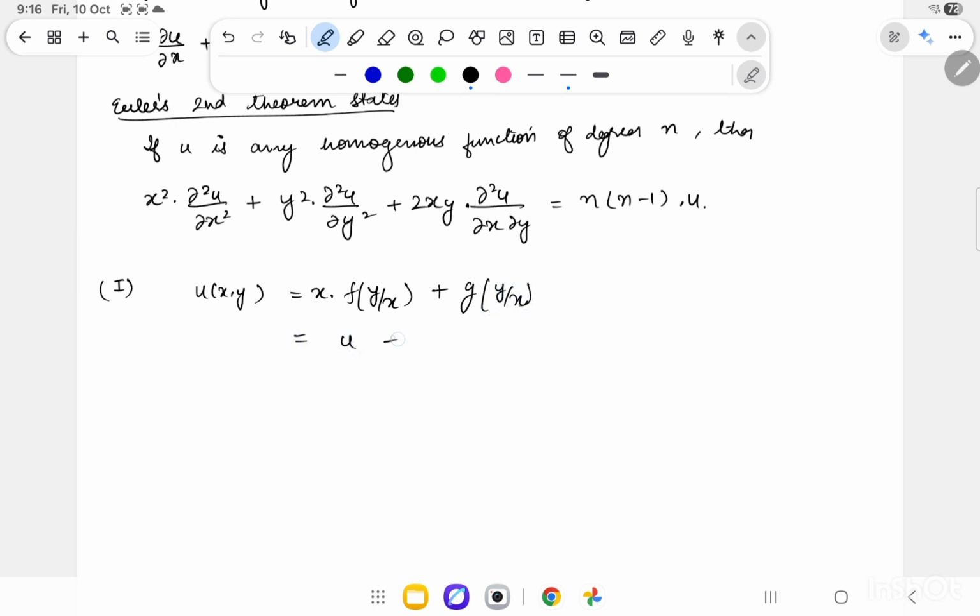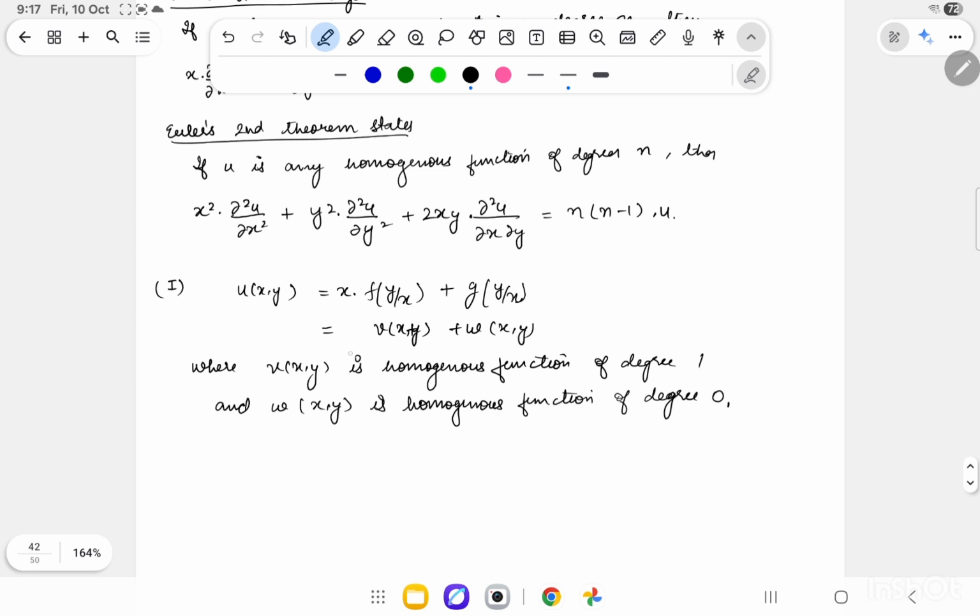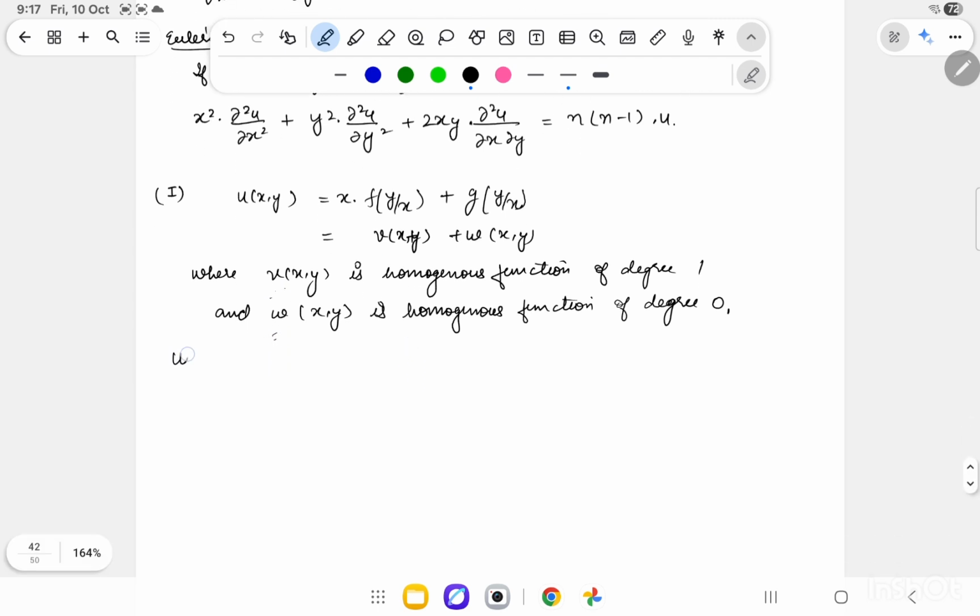Now I can write it as v plus w, v of x comma y plus w of x comma y, where v of x comma y is a homogeneous function of degree 1 and w of x comma y is a homogeneous function of degree 0.